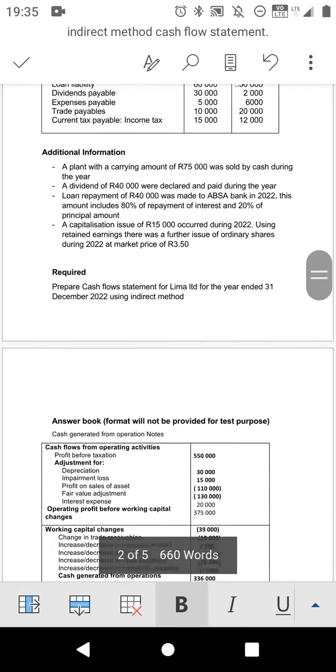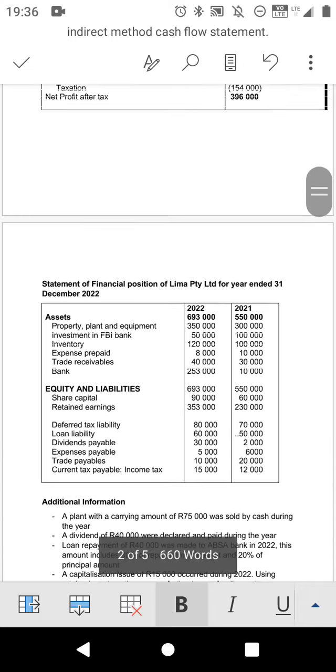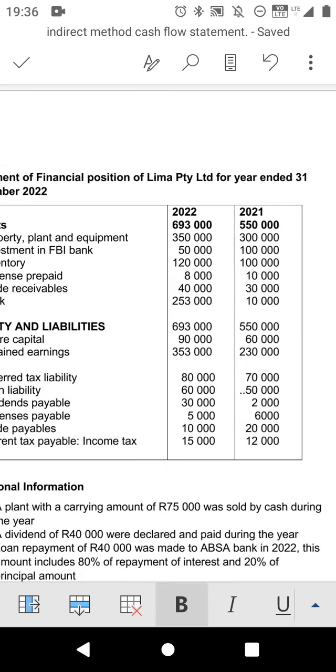Alright, then what about the cash at the beginning and cash at the end? This is the amount that you will get from the income statement or from the balance sheet. Sometimes you will find that you have been given only the amount at the beginning, which means that at the end you have to calculate it as a what? As a balancing figure. Alright, at the beginning we have 10,000.